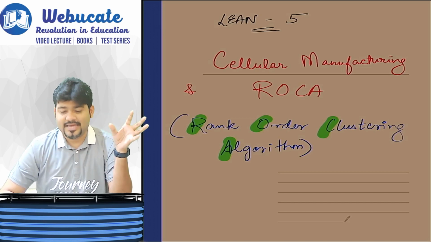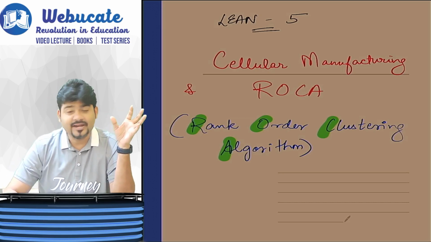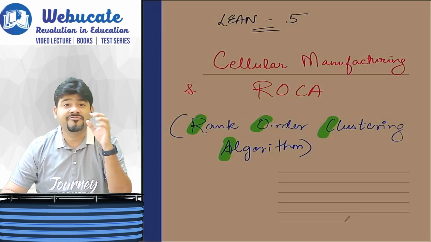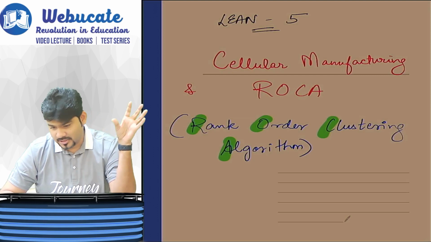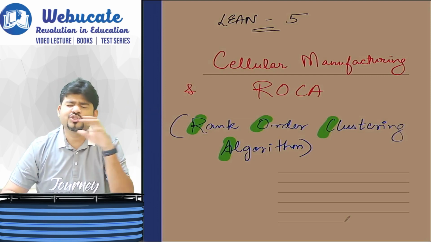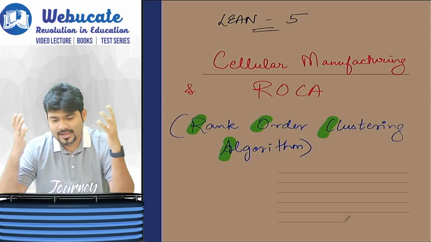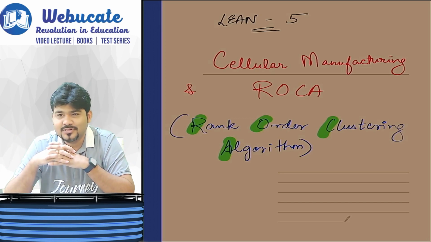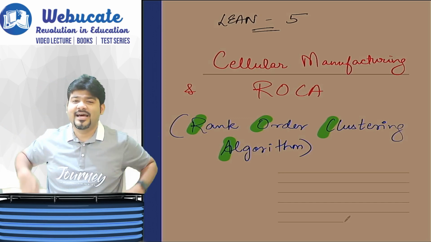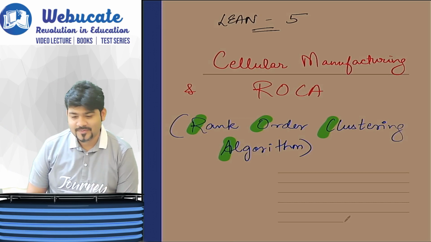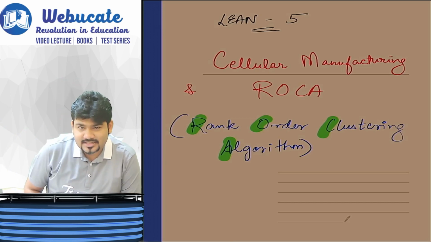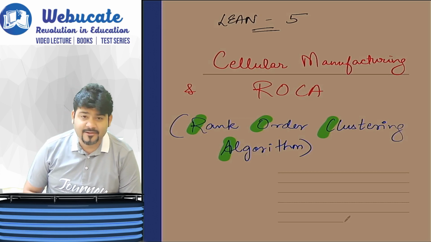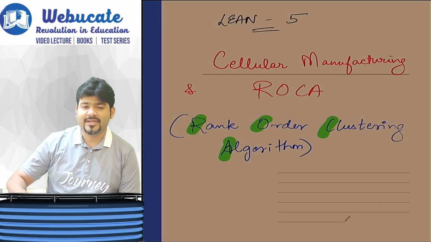When they first came in the RTP of May 21, I had seen such sums for the first time in my life. The concept of ROCA was totally new for any professor of costing who has been in this field for the last 50 years. A totally new concept introduced by ICAI, and definitely very important for your examinations.